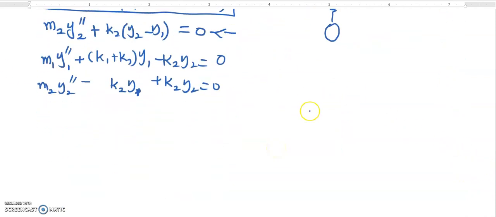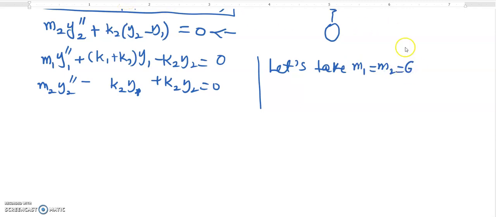As a numerical example, let's take m1 equal to m2 equal to 1 kg, and take the value of k1 as 6 and k2 as 4.